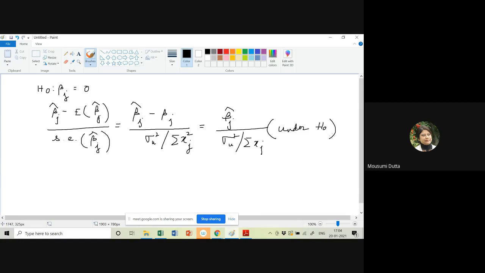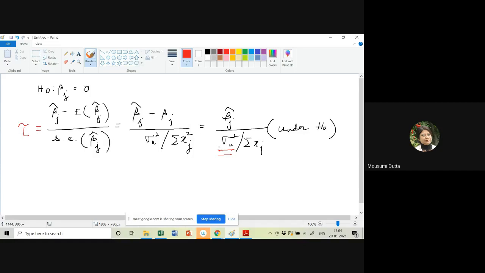Now, as long as in the standard error definition I am writing sigma u square, which means we have knowledge about sigma u square, this will be equivalent to tau.